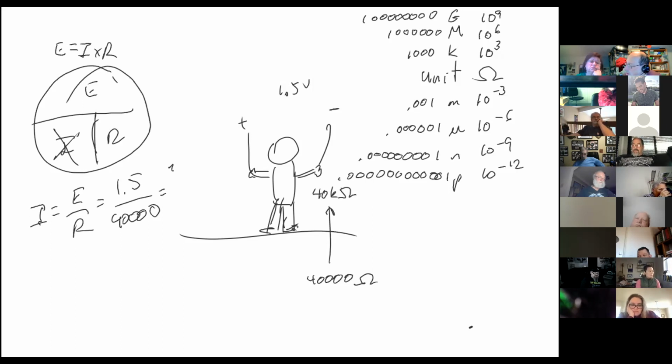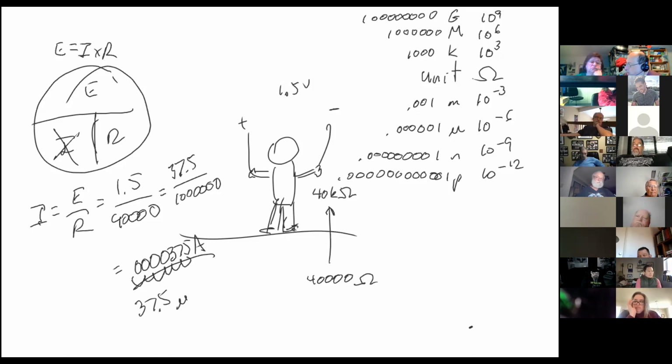So that's 37.5 divided by a million, which is 0.0000375 amps, or by moving this 1, 2, 3, 4, 5, 6, 37.5 microamps. So I will feel nothing from that. I won't feel any effect of 37.5 microamps.